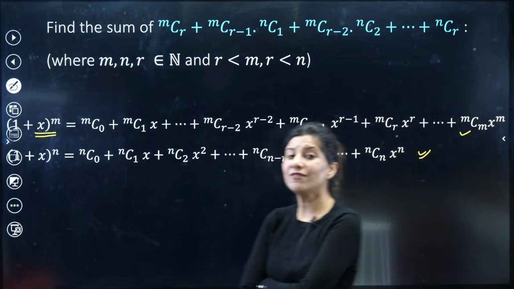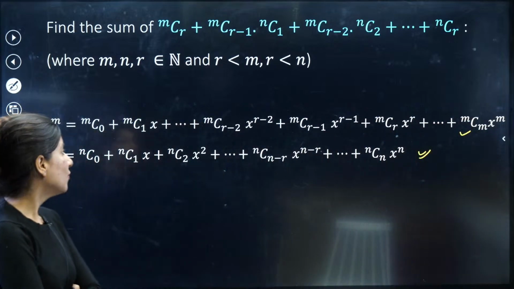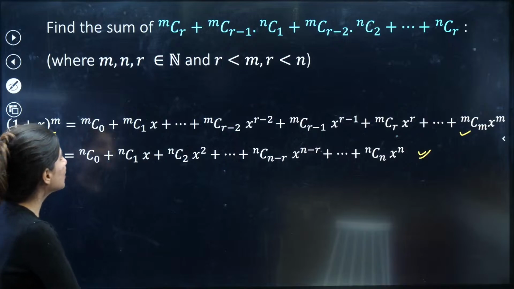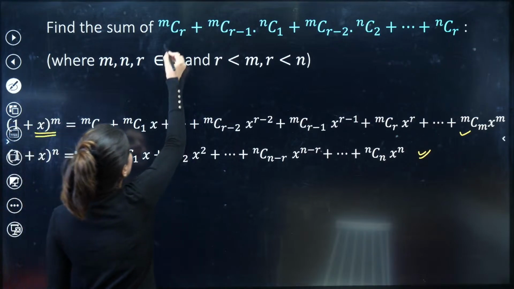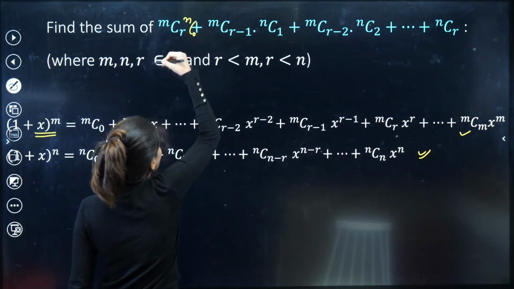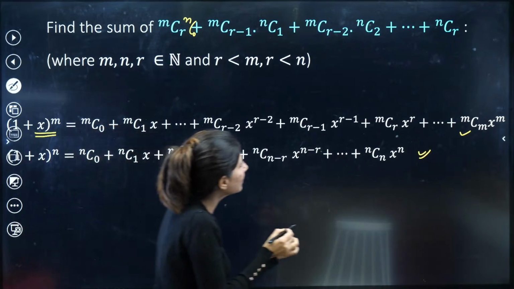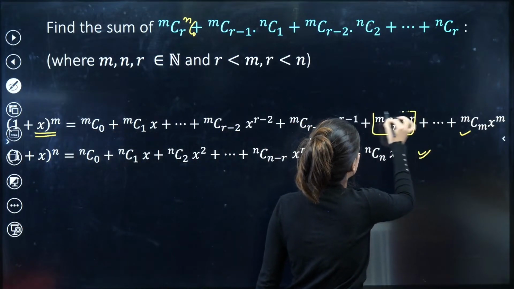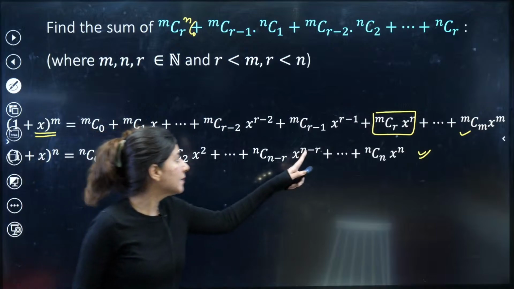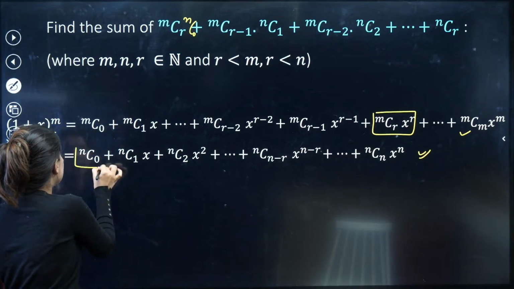Now what you are looking for is a product. What kind of product are you looking for? First of all, mCr and nC0 is something which you are looking for. Where is mCr? It is this. You want to multiply mCr with nC0.